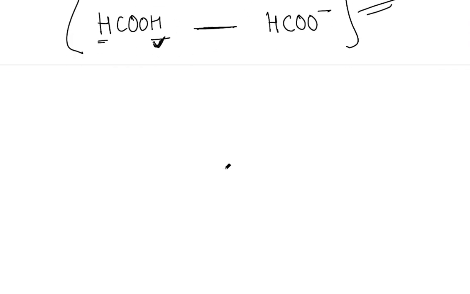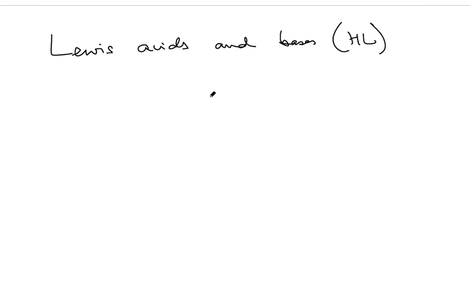There is another definition that we need to study in this chapter, although it is part of HL, higher level, in acids and bases. That is known as Lewis acids and bases. It is to be studied by HL students only.